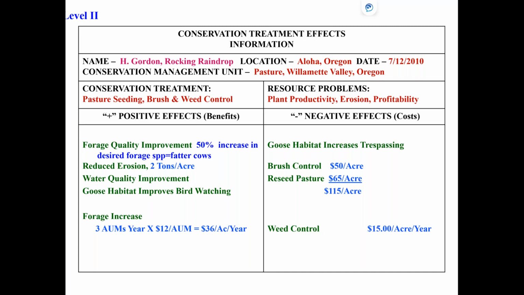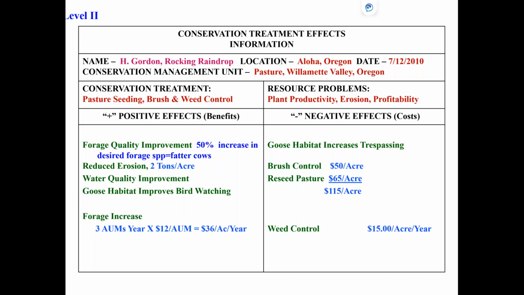Goose habitat improves bird watching. That's more of a personal value. And then forage increases. If they can get more forage, at least 3 animal unit months per year, times $12 per animal unit month, they can increase their bottom line by $36 per acre per year.